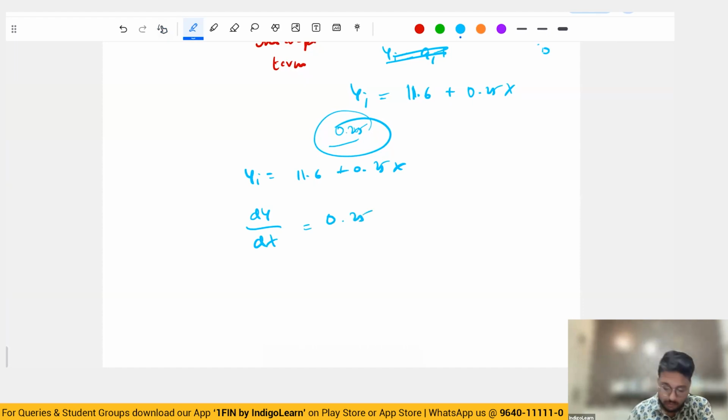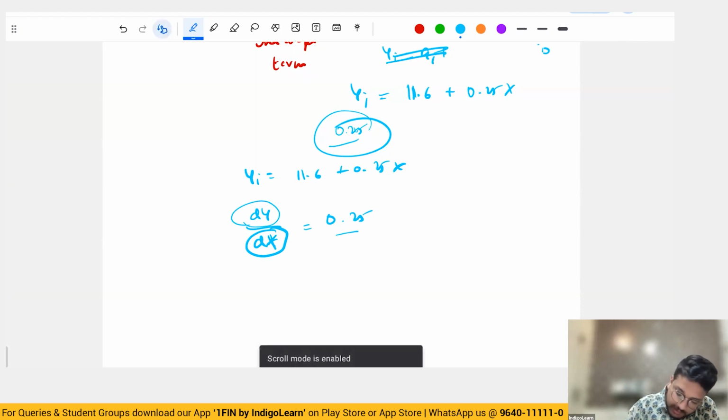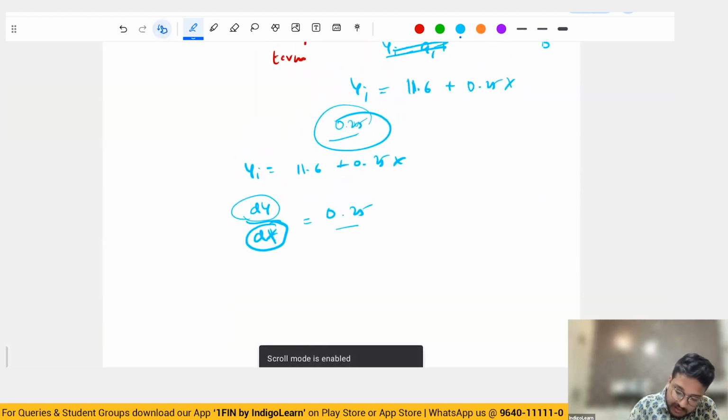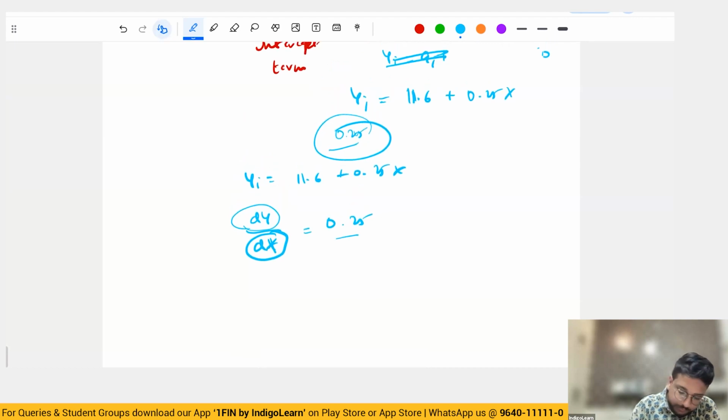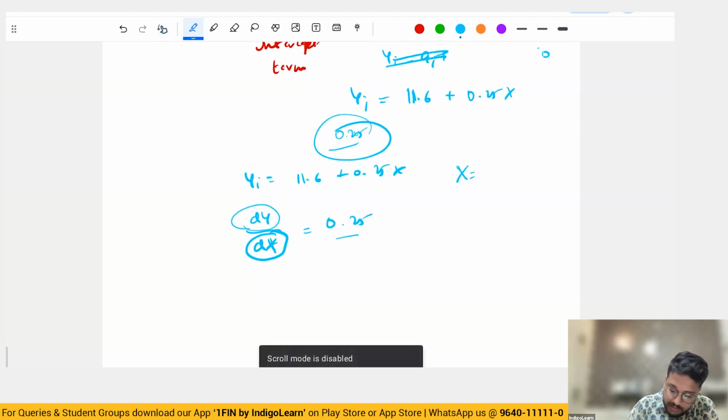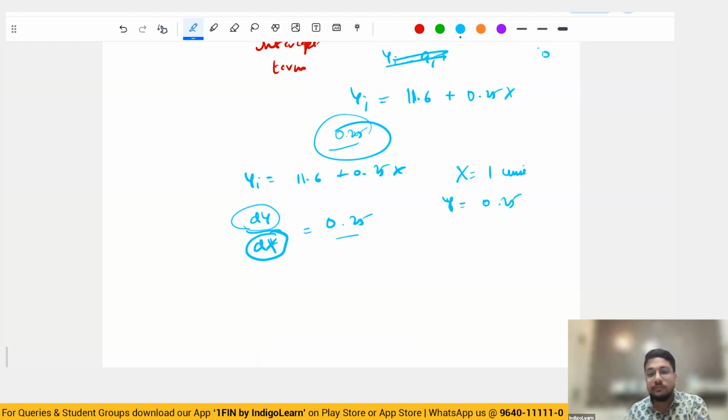That means if the x value is changing, then the y value is changing by 0.25 always. Even if someone is from a non-maths background, can I say that if x variable is changed by 1 unit, then the change in the y variable shall always be 0.25?